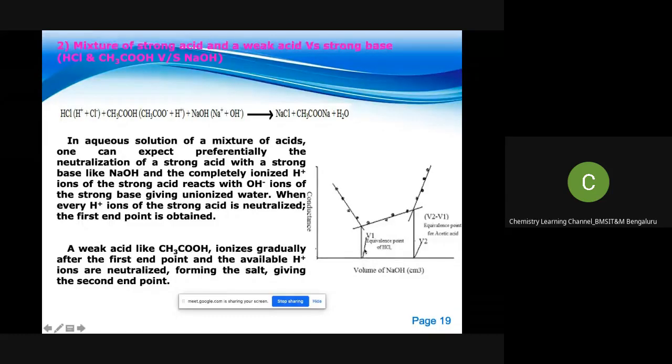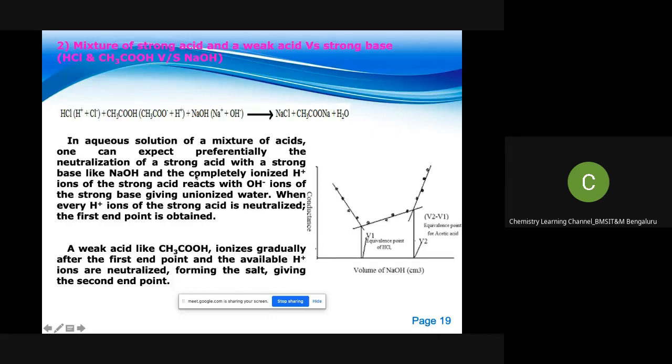So using this V1, which is the volume of NaOH required to neutralize HCl, and V2 minus V1, which is the volume of the NaOH required to neutralize only acetic acid, we are going to do the calculations and find the strength of HCl and acetic acid in the given unknown acid mixture. Okay, so this is about this experiment.